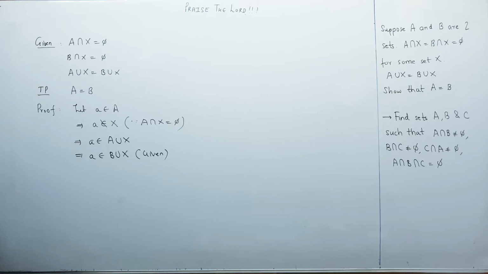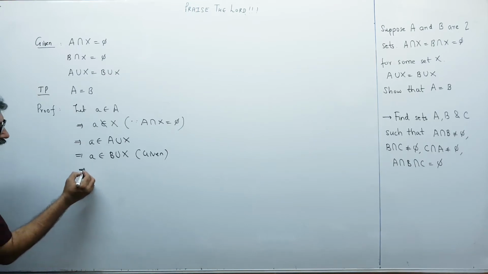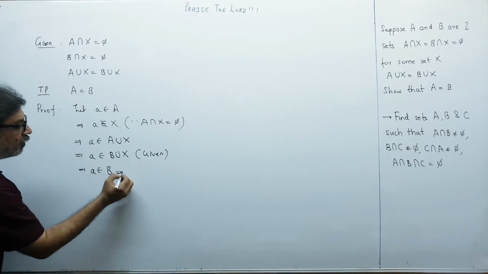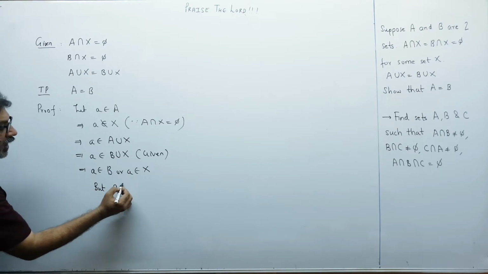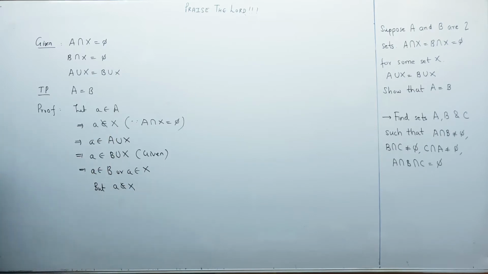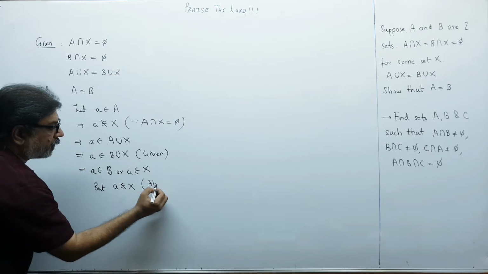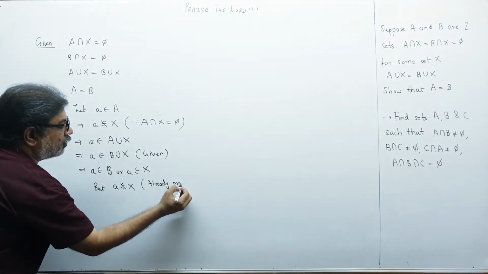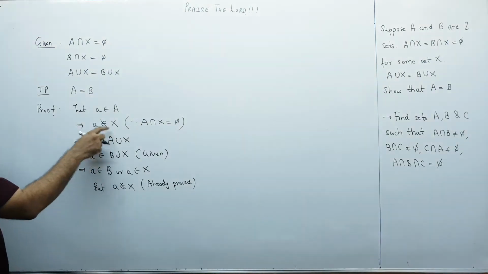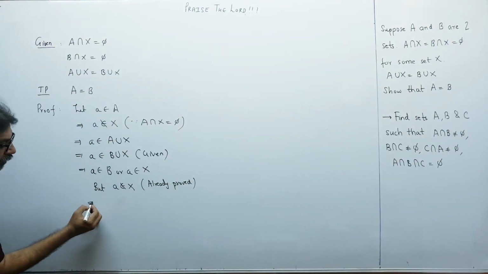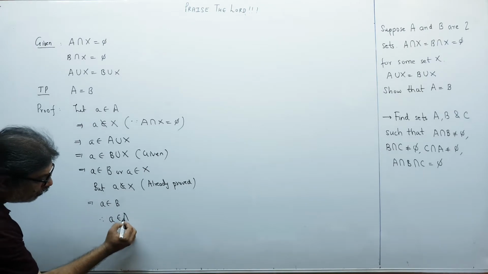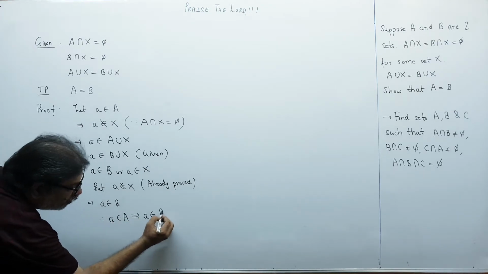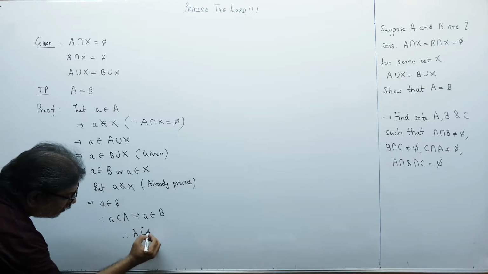No. Union means it can be either in B or in X. So this means a belongs to B or a belongs to X. But a is not in X. Already we have proved a is not in X because A intersection X is null set. That implies a can be only in B. So a belongs to A has proved a belongs to B. Therefore, A subset of B.